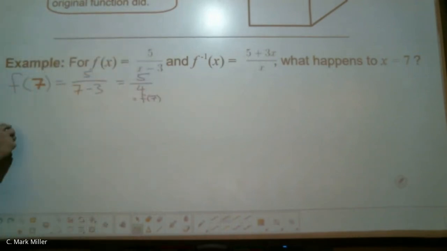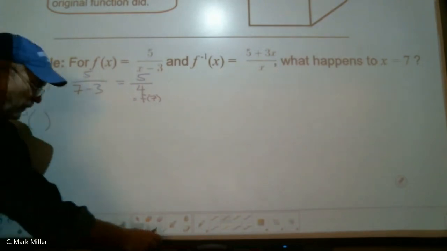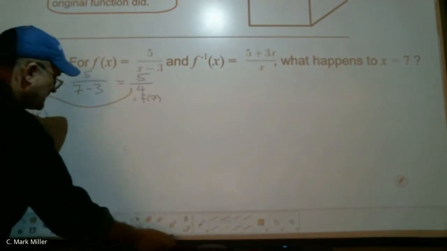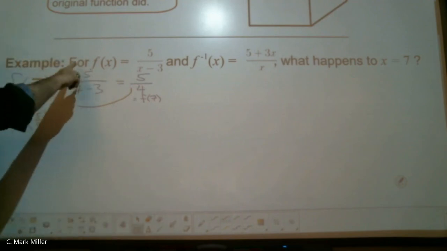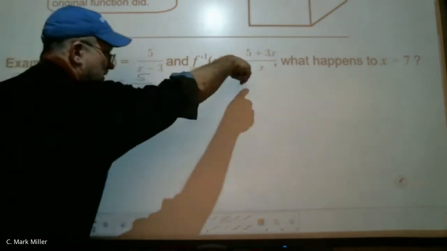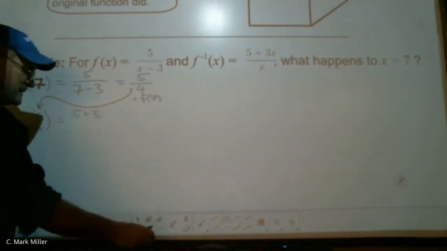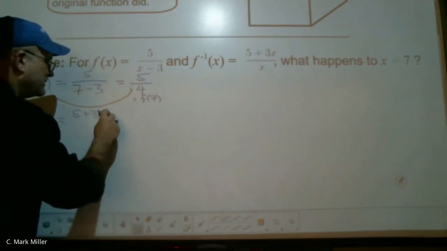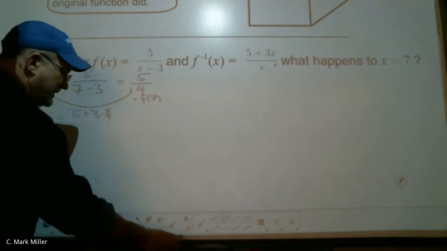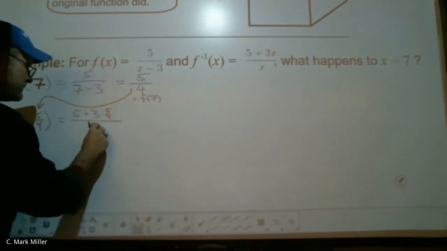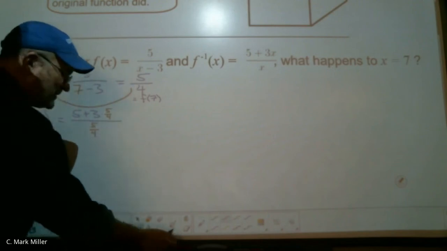So f inverse of 5/4 is what? F inverse is over here: 5 plus 3 times 5/4, all divided by 5/4. Oh, we got us some fractions.